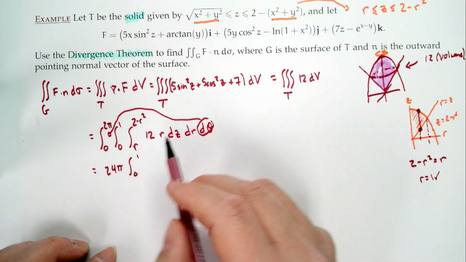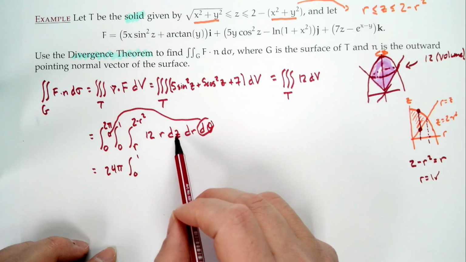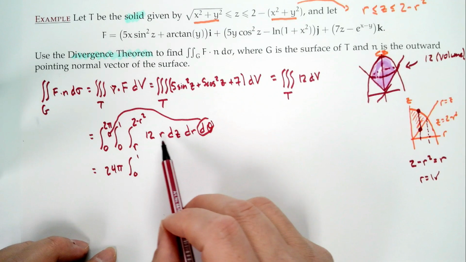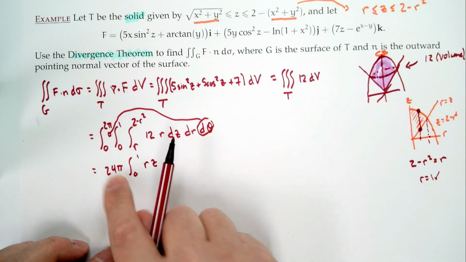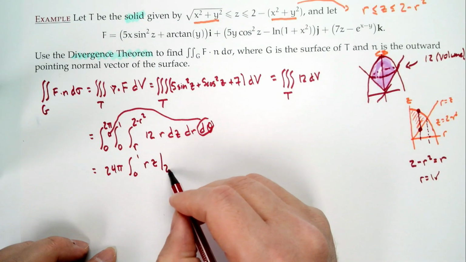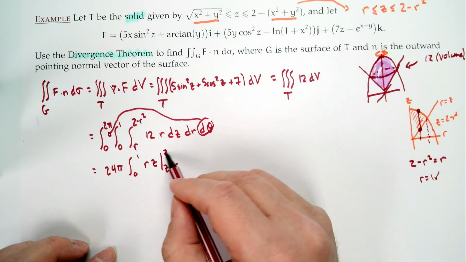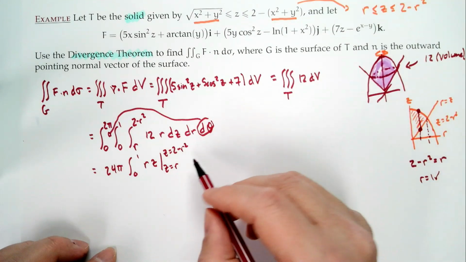Integral 0 to 1. Now, when we integrate this with respect to z, we're going to get rz. Remember, the 12 came out here. And we're going to evaluate from z equals r to z equals 2 minus r squared.